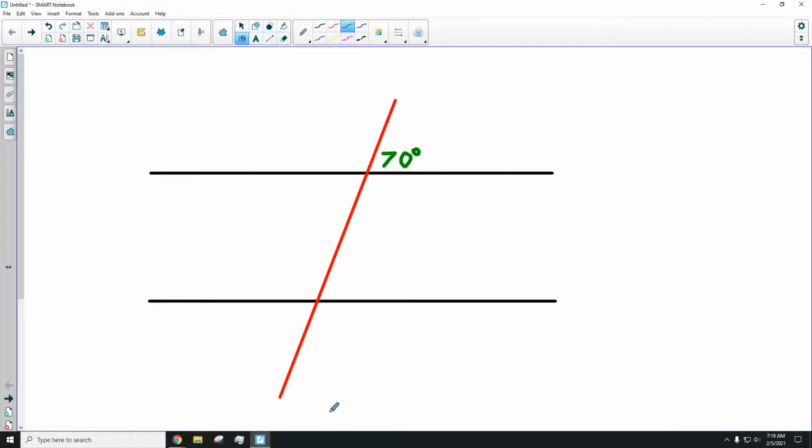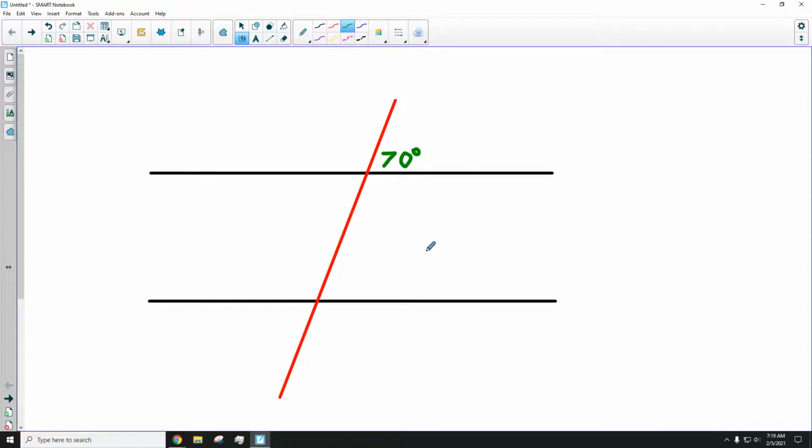Now, part of this lesson we looked at something called an adjacent angle, where if it's two angles that share the same side, they form 180 degree angles, or straight angles, which only works for these parallel lines and transversals.